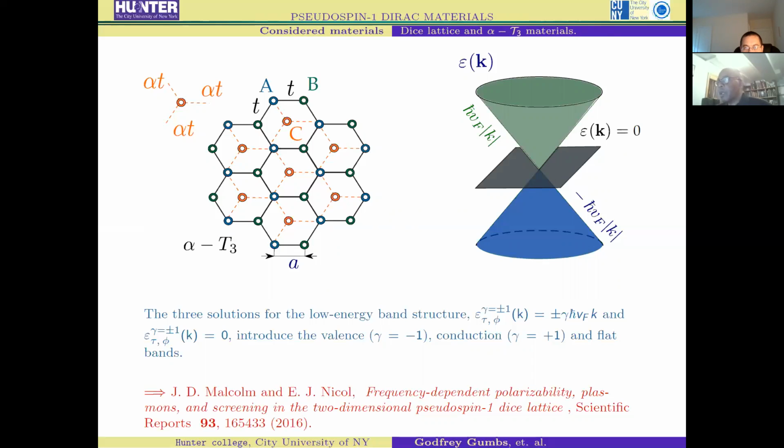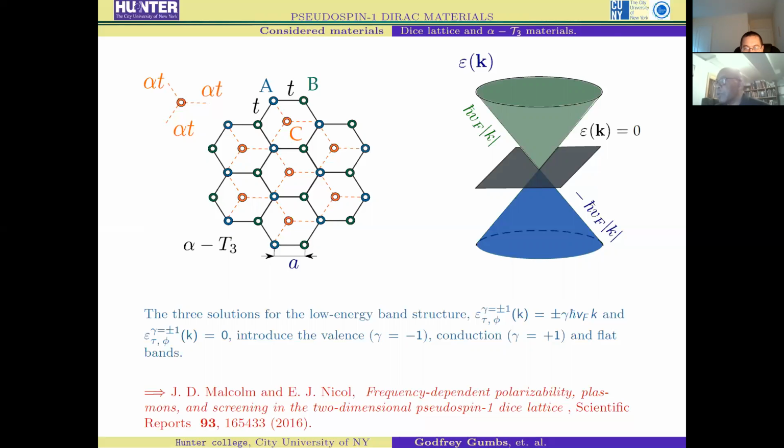Now, these C atoms are at the center of each hexagon, and you still have the hopping of the electrons around the perimeter with the hopping integral T. But in addition to that, you have a hopping which is allowed from the C atom to one, not both, of the atoms A or B. As a result of this, you have the conduction and valence bands as you have in graphene, the two cones touching each other right at the Fermi energy for undoped graphene, as well as a flat band.